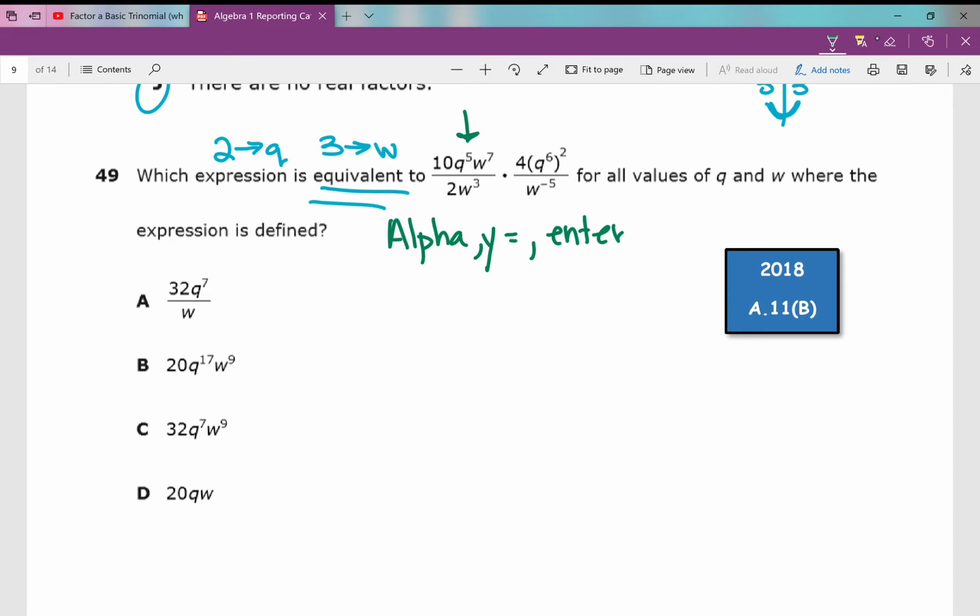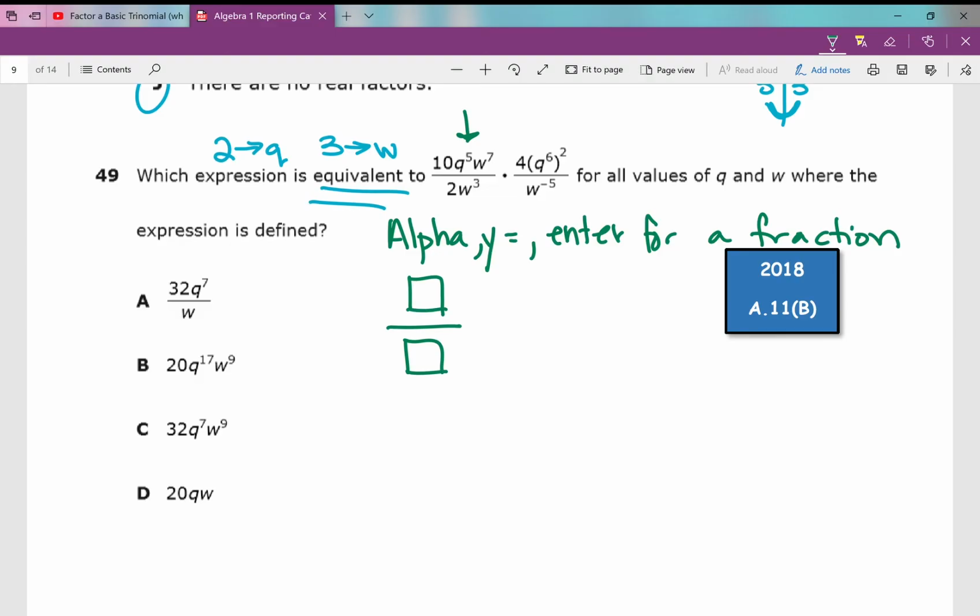Now this is on a TI 84. If you have an Inspire, you just enter it differently, or even an Inspire on the iPad does it differently. A lot of students really like that because it looks like this over this. So then you can literally type in exactly that on your home screen.